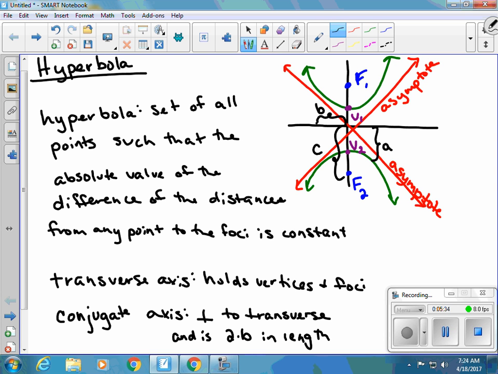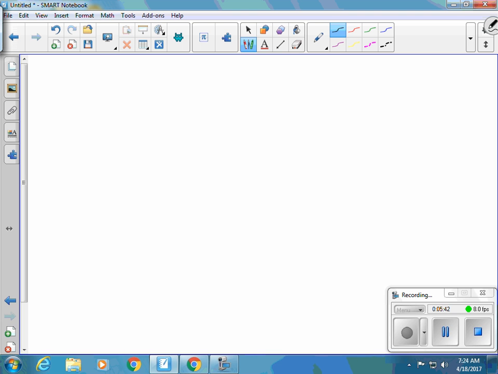Okay, so let's actually look at the true equations here and what we kind of know. So in true form, if you have a transverse axis, if you have a horizontal one versus vertical.